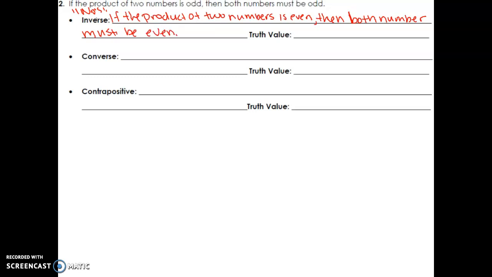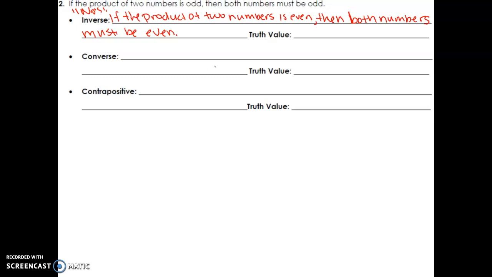And I know it's like Miss B, but you have to make them no's. So you would say the product of two numbers is not odd. Yeah, that's what even means. So I guess you could say not odd, but we already have a word for that. So let's just use that word. Both numbers.